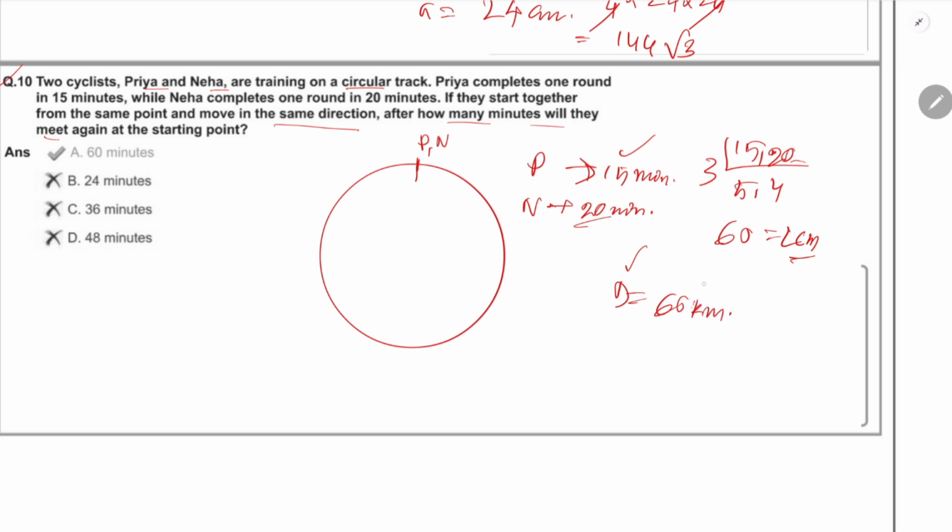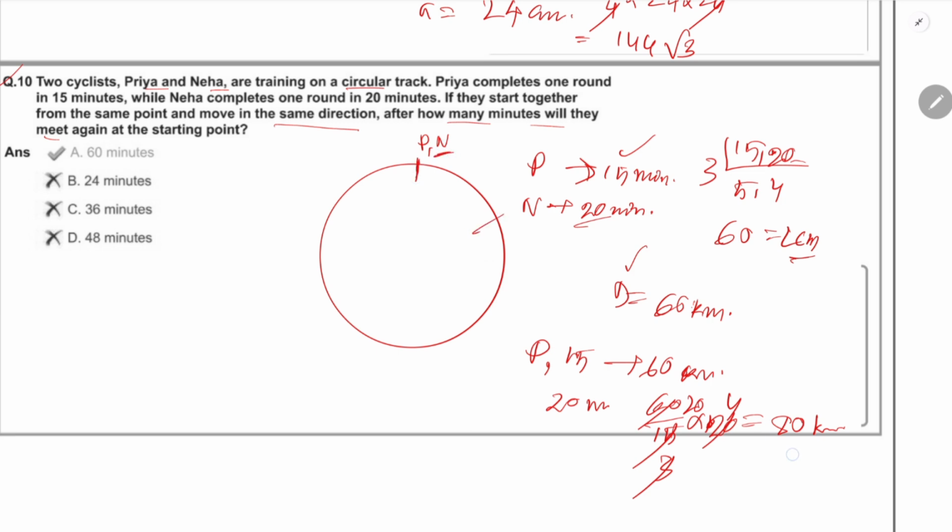Priya goes 60 km in 15 minutes, so in 20 minutes she goes 60 by 15 into 20, which is equal to 80 km. This means when Neha reaches here, Priya has already gone 60 plus 20 km, that is 80 kilometers.